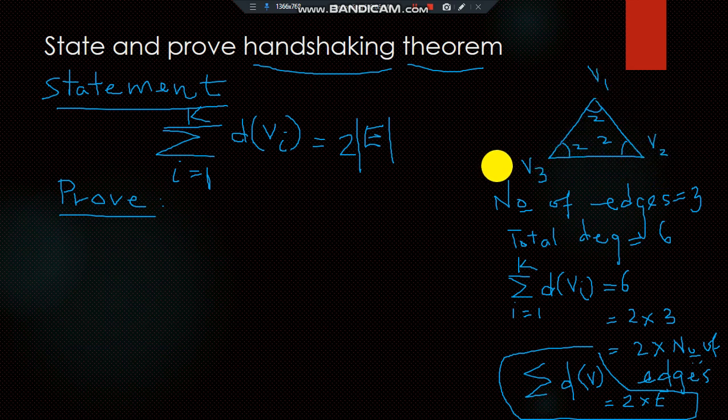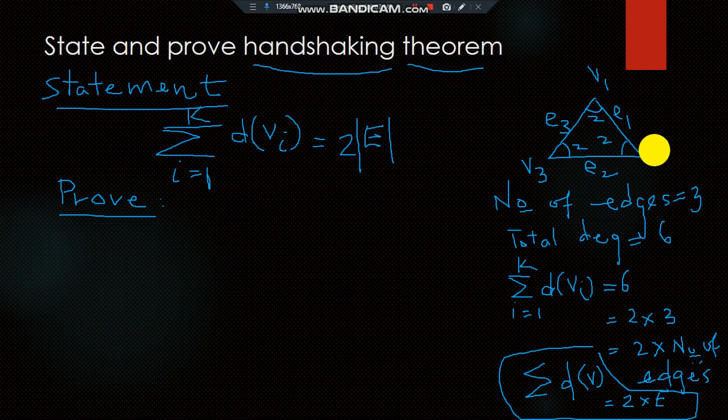V1, V2, V3, right? You take this edge, suppose E1, this edge E2, and this edge E3. Now this edge distributes 1 degree to this vertex and 1 degree to this vertex.